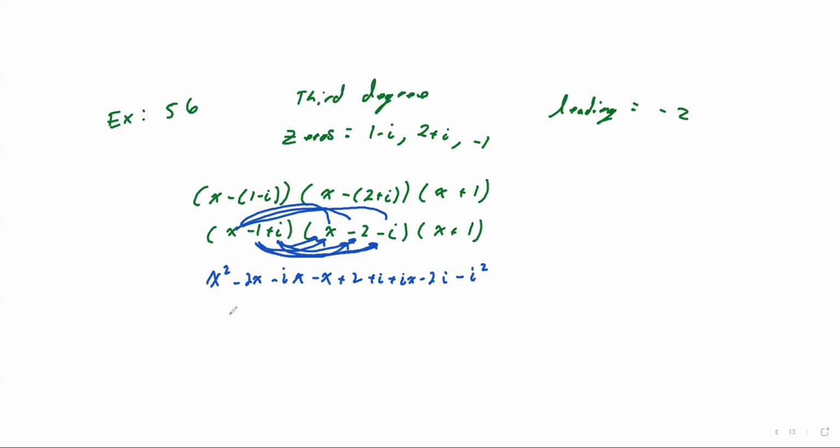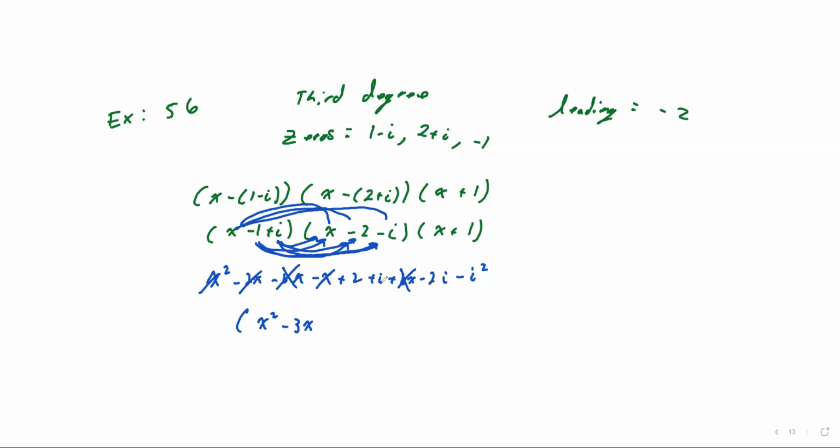Now I'm just going to combine like terms because I have to do this x plus 1. So I get x squared. I get a negative 2x, a minus x. So that's going to give me a negative 3x. What I like to do too is I'll cross out once I've done it. I see a negative ix and a positive ix, so that cancels.